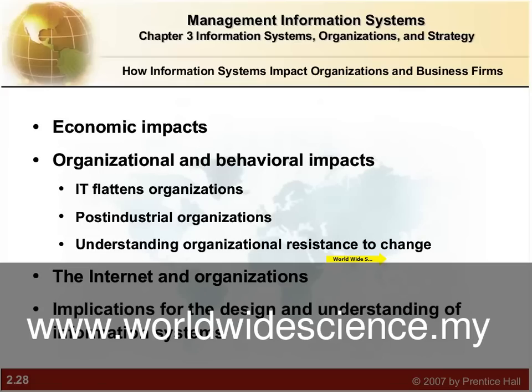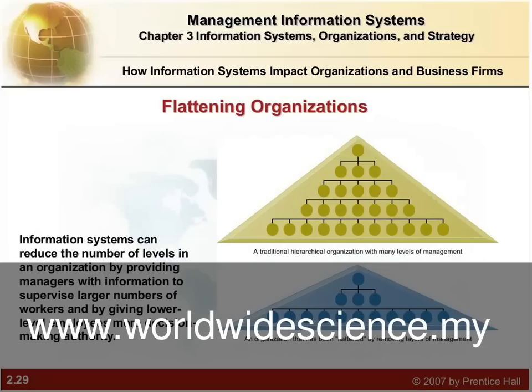Even these days in the organization, not only managers but also some employees are allowed to make some decisions. So as you can see here, this traditional model with many different levels of management comes up to a new environment like this. We call it flattening organizations.